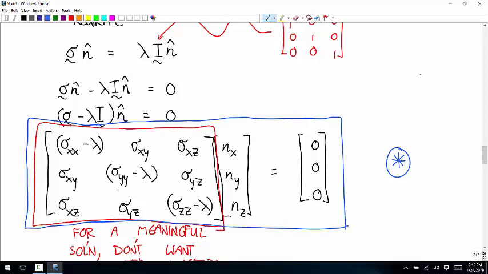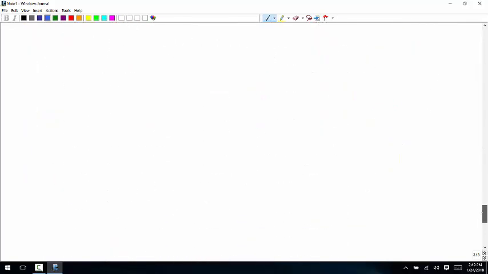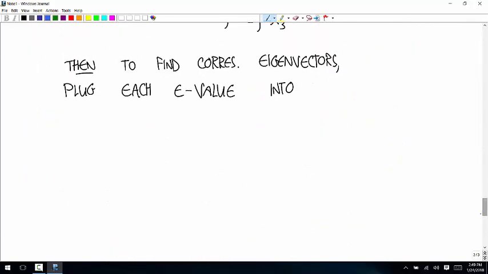So one by one, you take each eigenvalue, plug it back into equation star, and solve for the unit vector n.